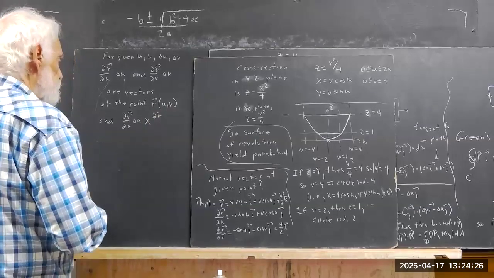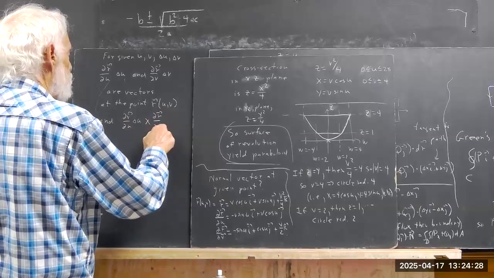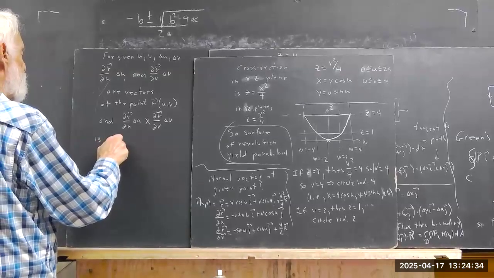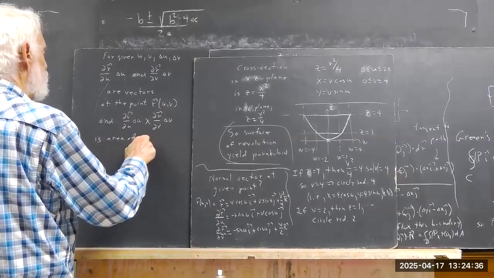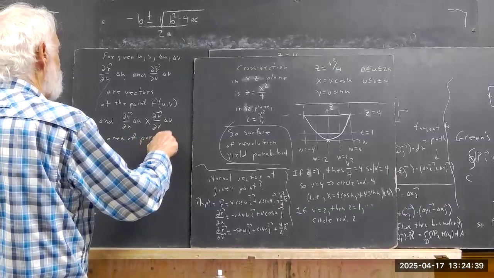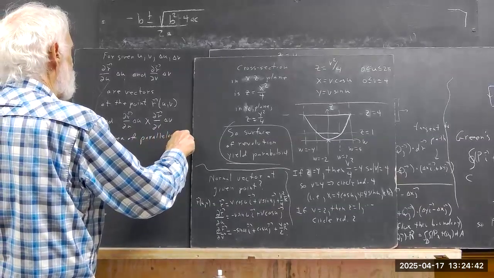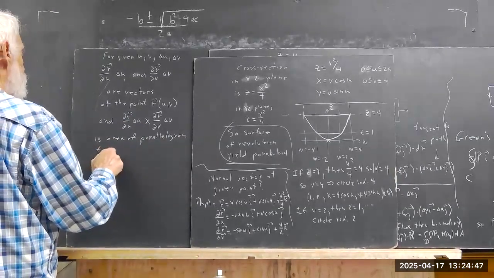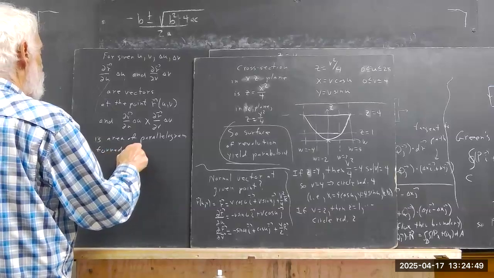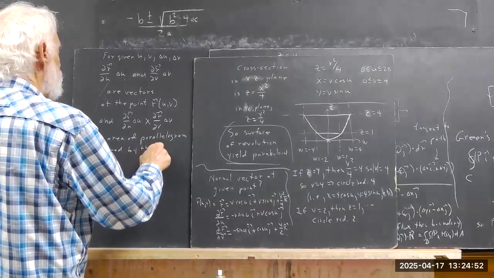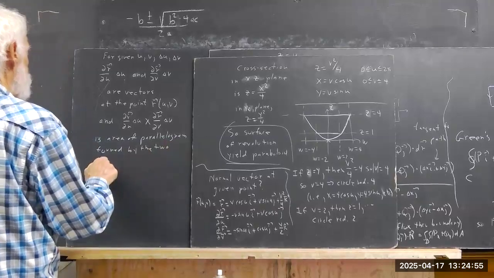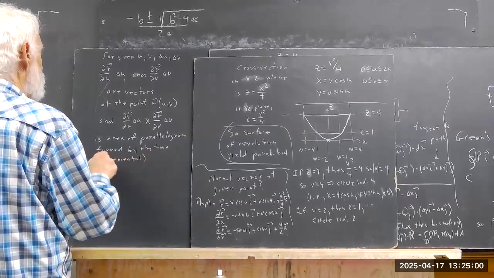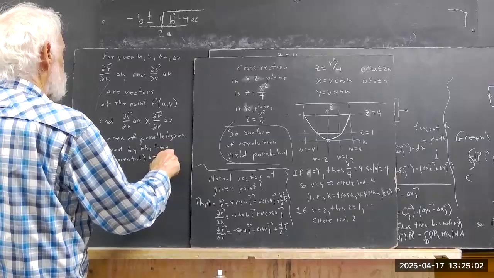That's the area of the parallelogram formed by the two vectors.